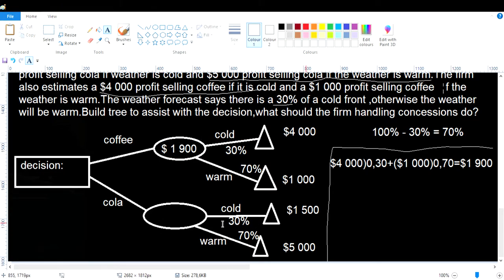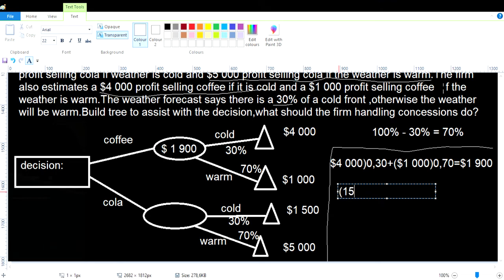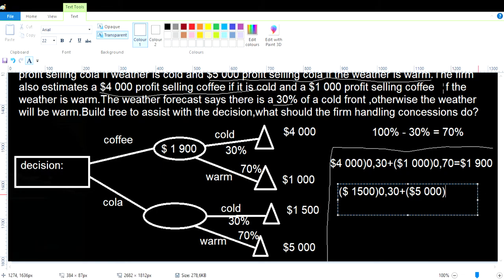And let's calculate the expected value of this one. $1,500 multiplied by 0.30 plus 5,000 multiplied by 0.70.